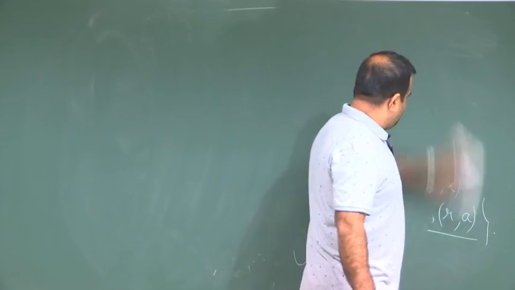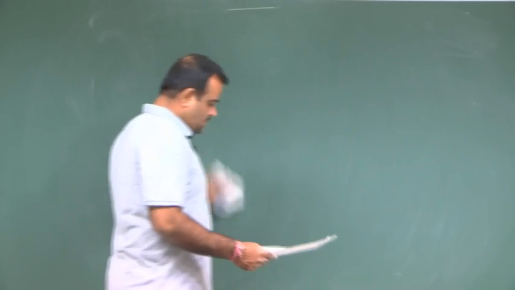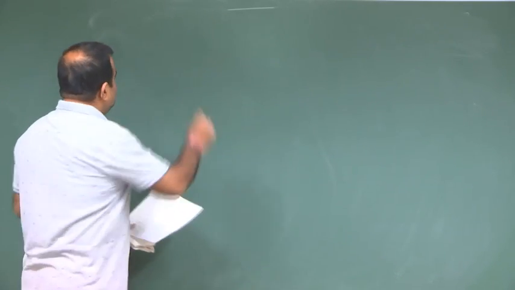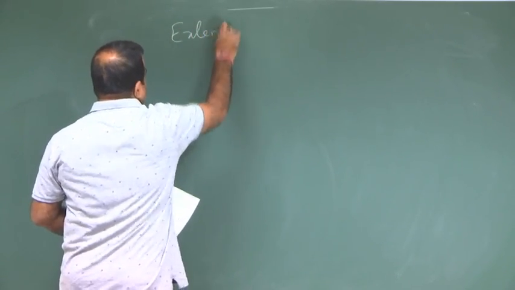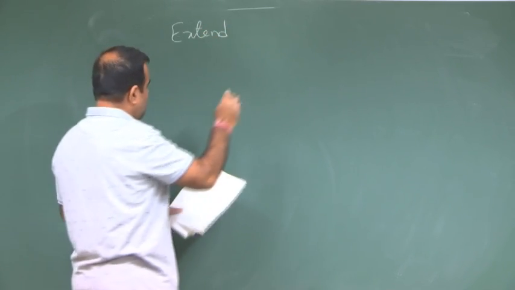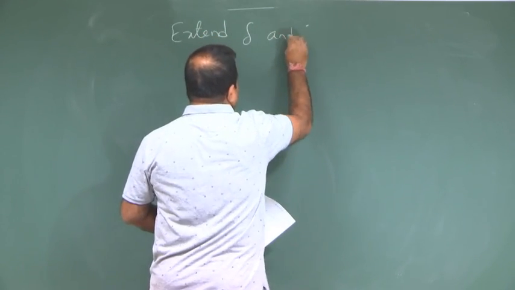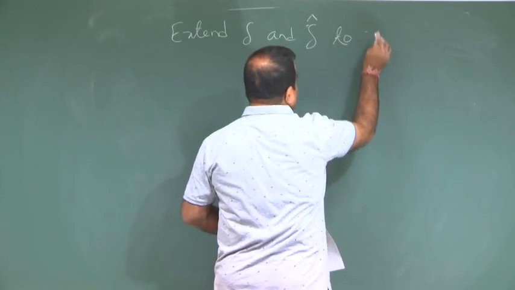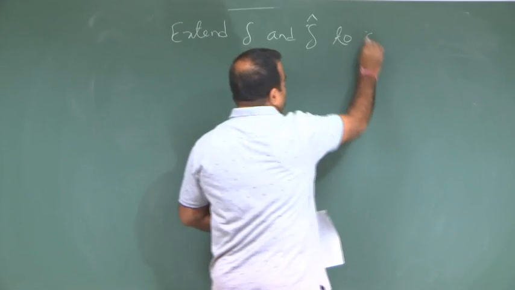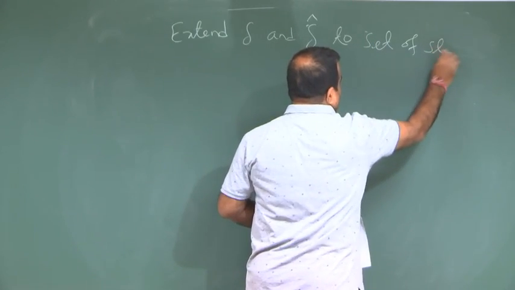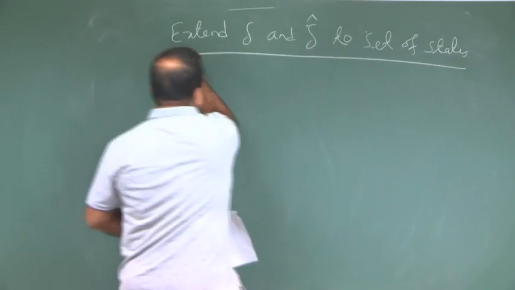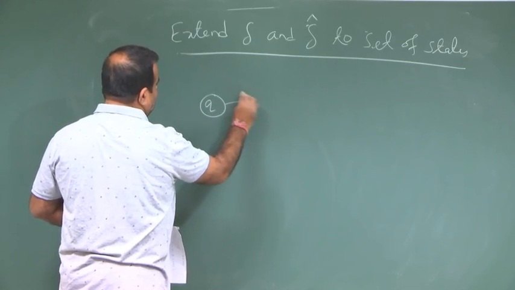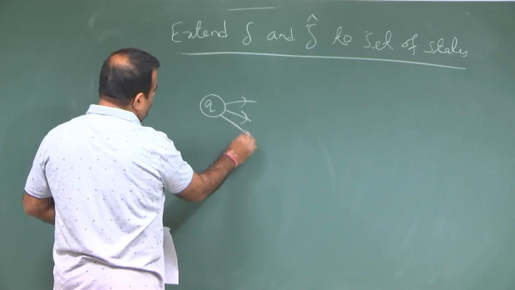Now we can define the language of this ε-NFA. From delta hat we can extend delta and delta hat from a given state to a set of states. So far we have seen we have a set Q and the delta is just a direct move.